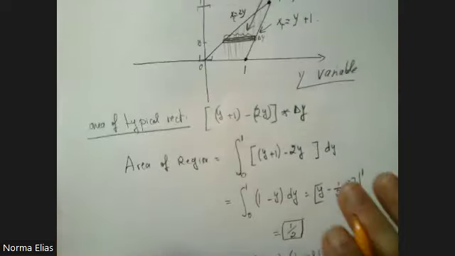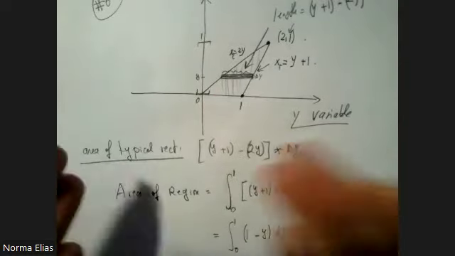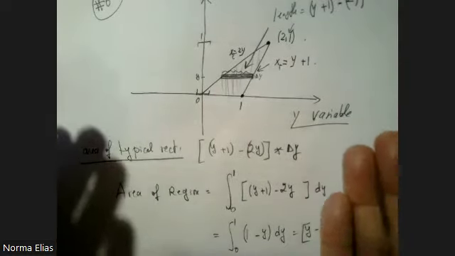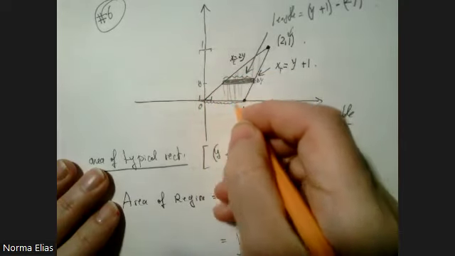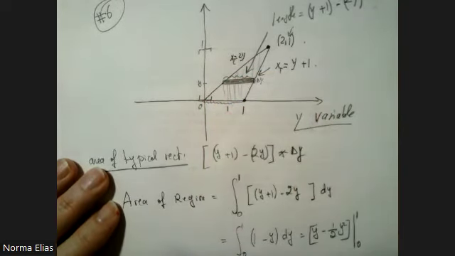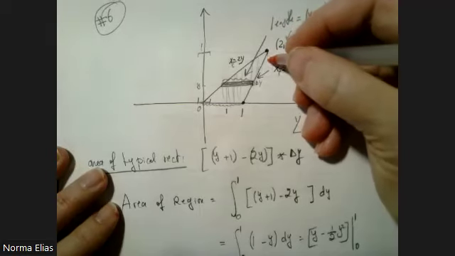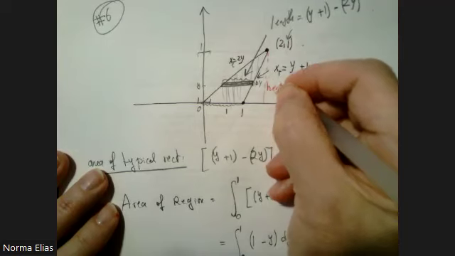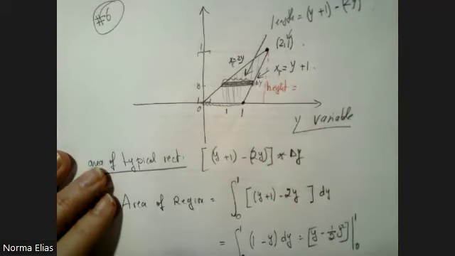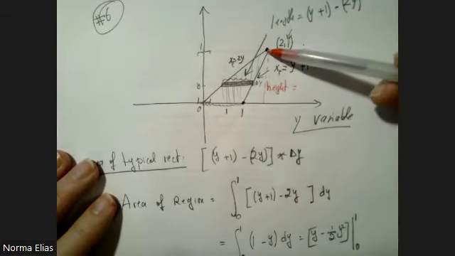Okay, let's go back. This is not a right triangle, so it's a little bit different. So if I use this as the base, which is 1, the height is going to be from here all the way to here. That's going to be the height. So how much is the height?